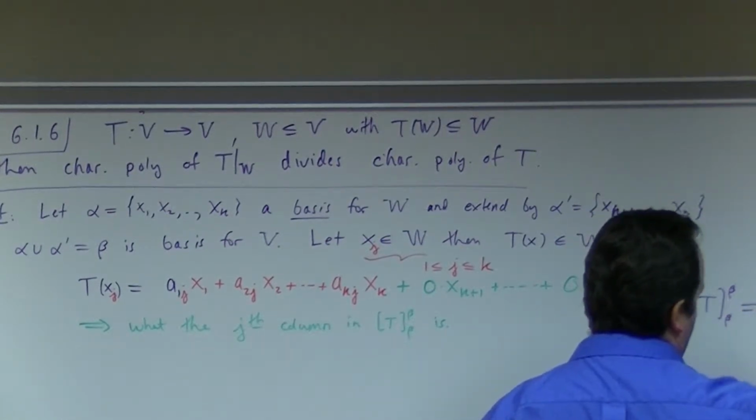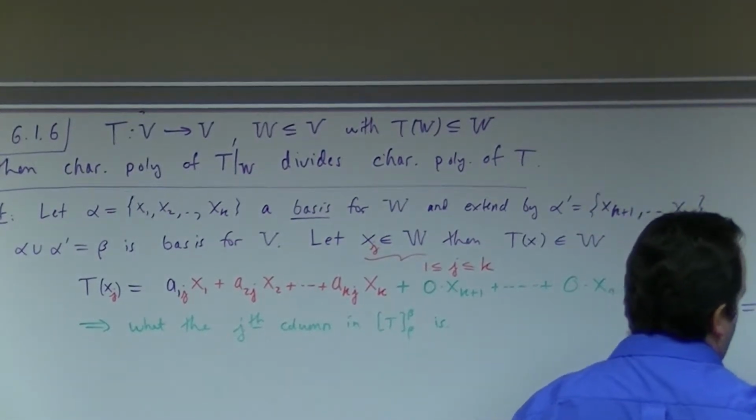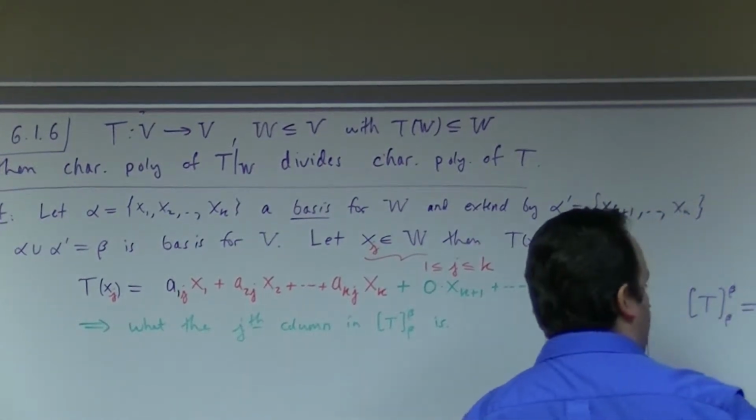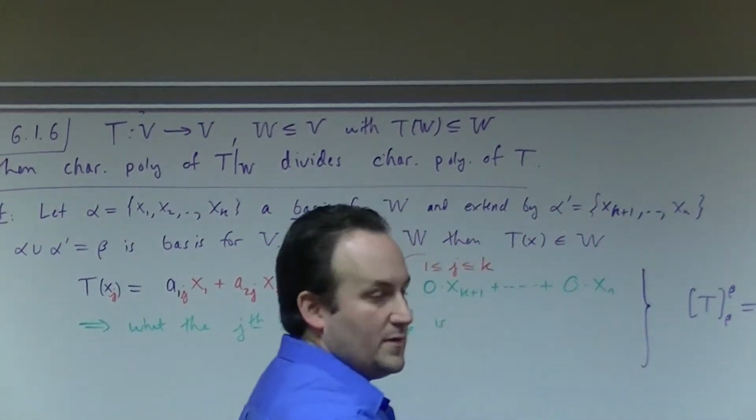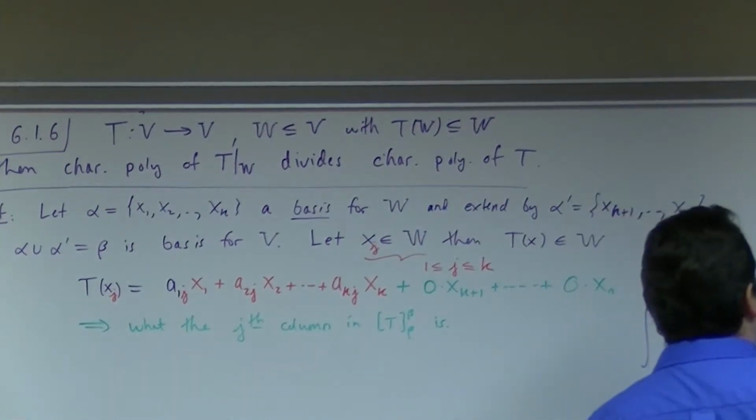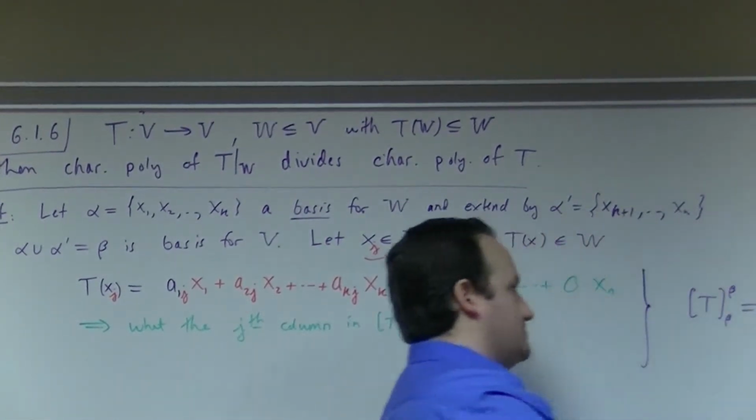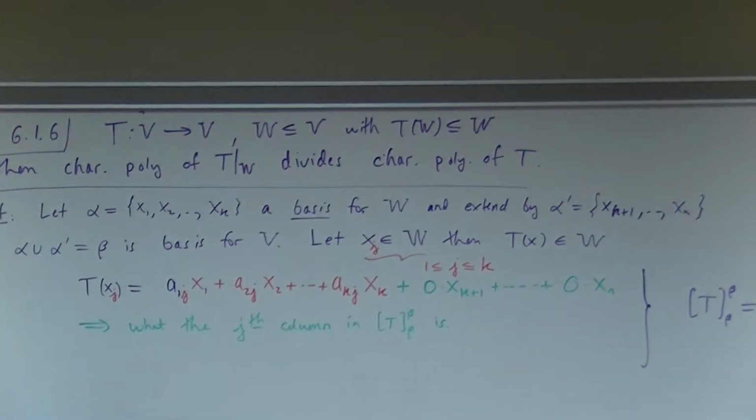It has to look like A, then there's a B here, there's a C here, I don't really care what those are. There's a 0 here. So this is a k by k block. Okay.